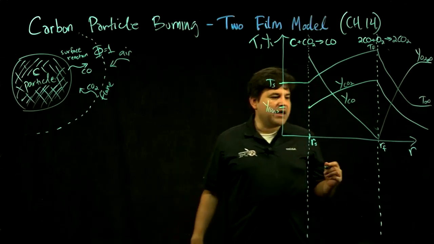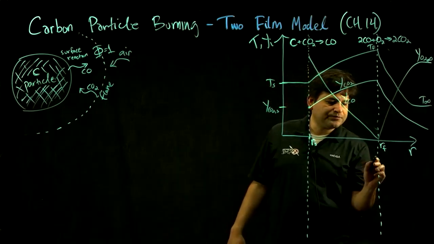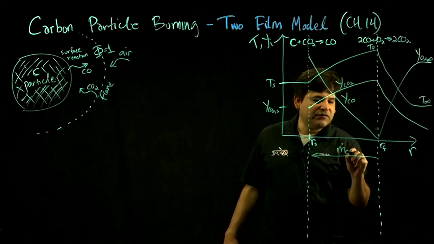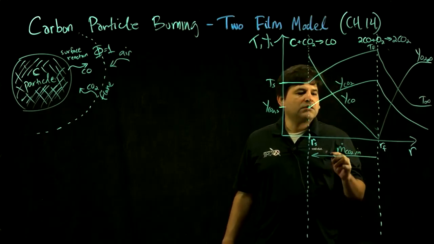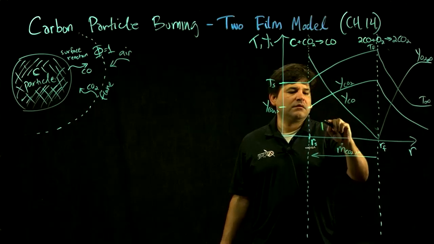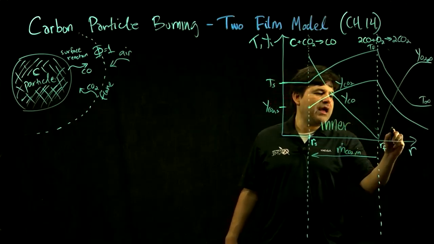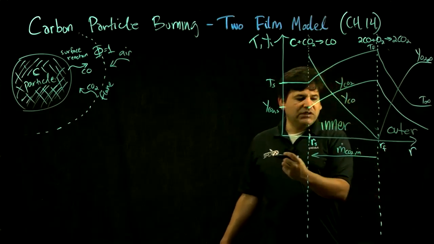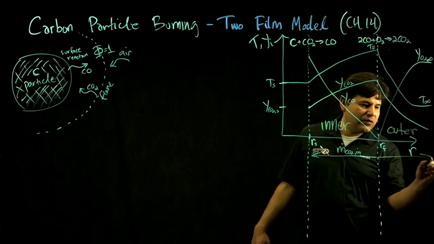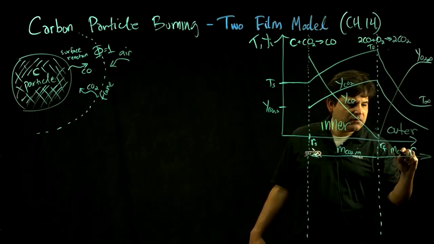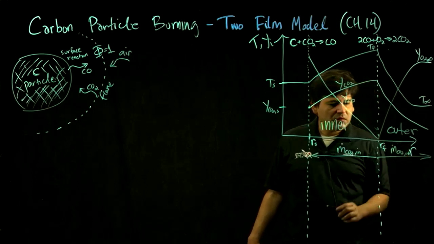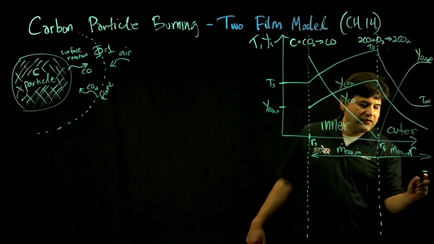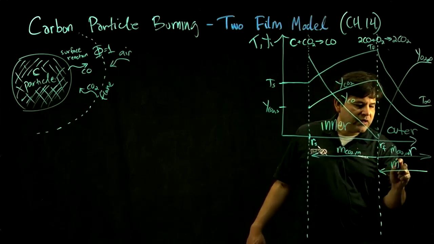So in terms of a mass balance, the CO2, like we were saying, gets produced in the flame. So if this were the inner region, and this were the outer region, the CO2 produced in the flame will diffuse into the inner region and out to the outer region as well. And then you have some flow rate of O2 from the surroundings.